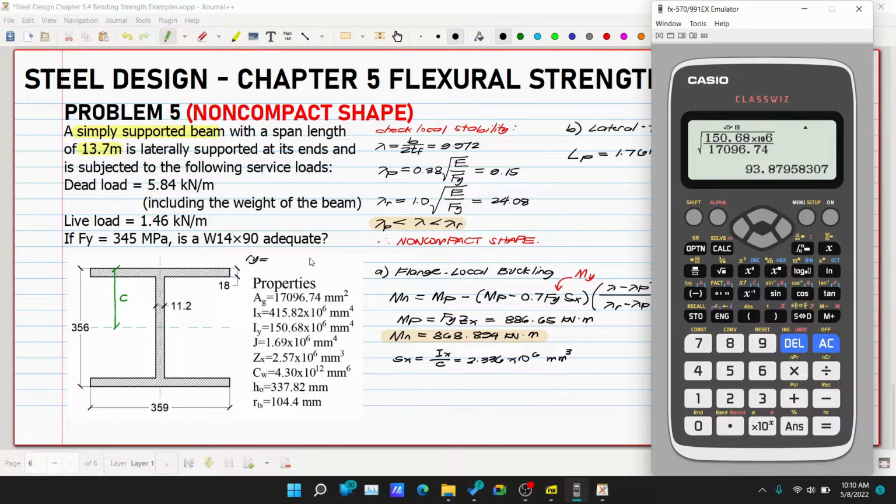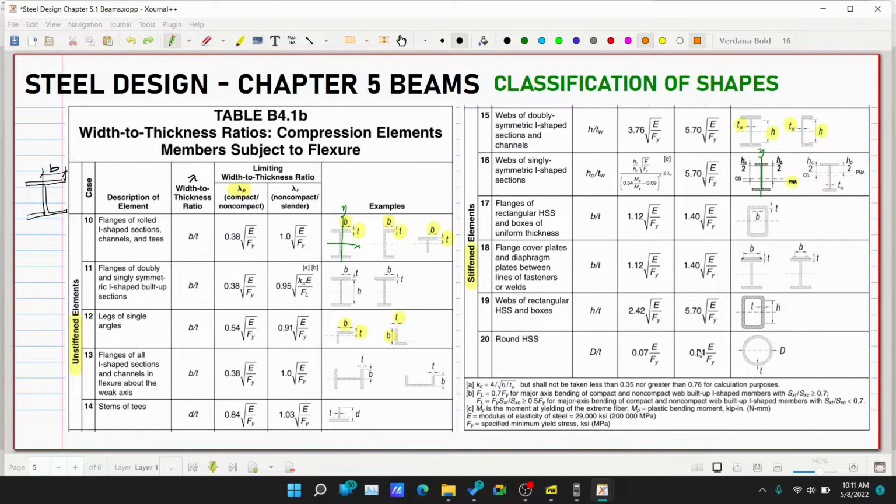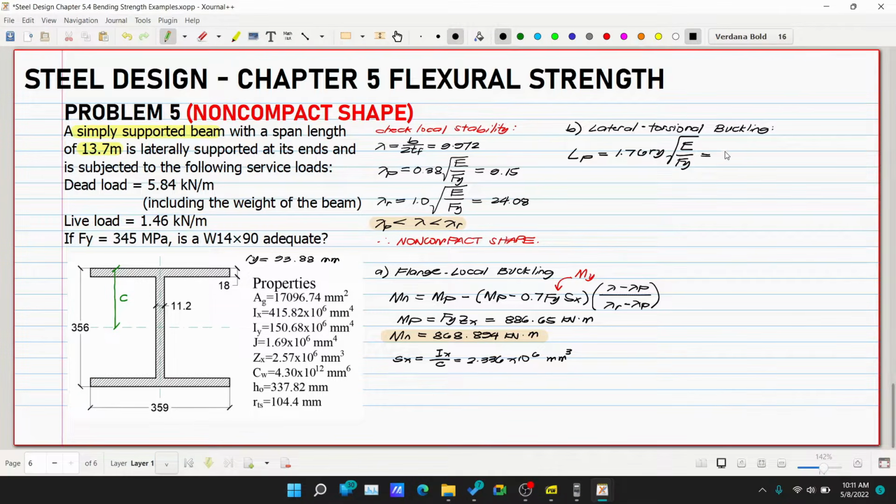So, ry natin is 93.88 millimeters. So, this is 1.76 multiplied by ry, 93.88, multiplied by the square root of 200,000 over Fy. So, 3978, divide natin ng 1,000 para maging meters. So, 3.98 meters.